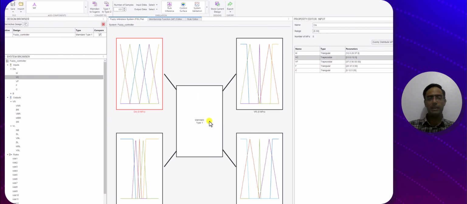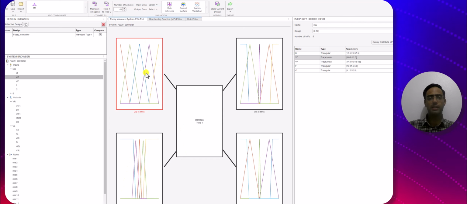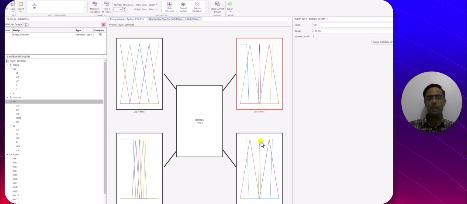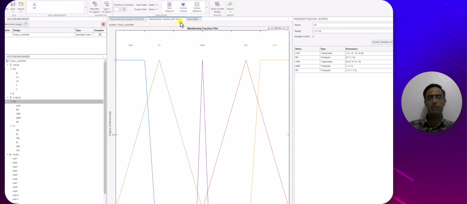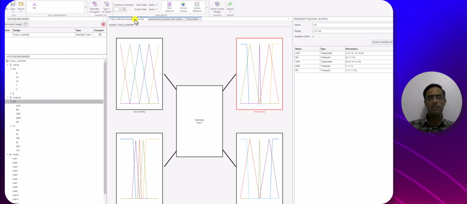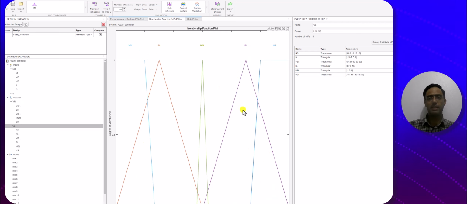So here, as you see, we have two inputs, and for each input, 5 membership functions have been considered. For example, 5 membership functions for the first input, and the same for the second input. We have two outputs. For the first output, we have 5 membership functions, and for the second output, we have 6 membership functions.